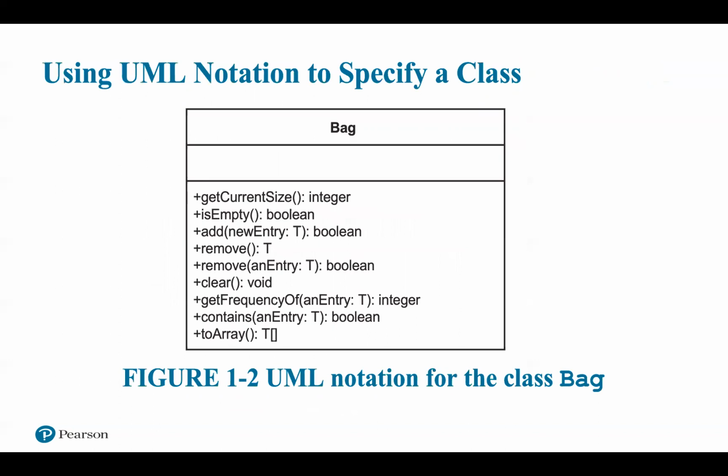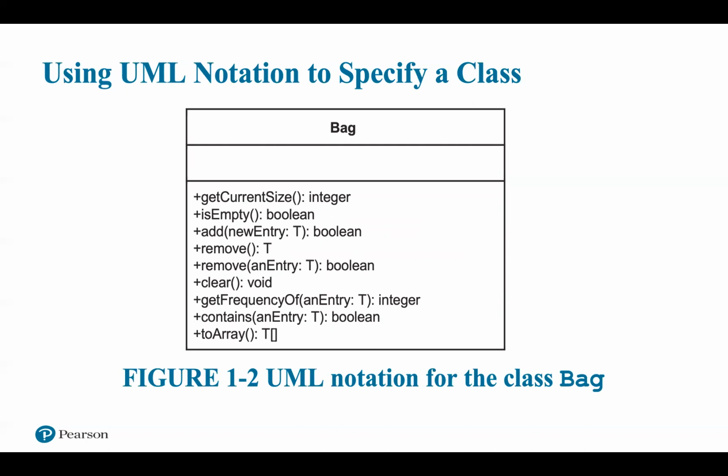So in UML notation, now we're specifying a class here for bag. Since we're using Java as our implementation language, we want to write a Java header and comments for each method, but first we express the methods in pseudocode and then in unified modeling language notation.